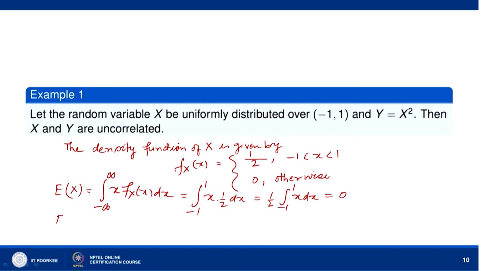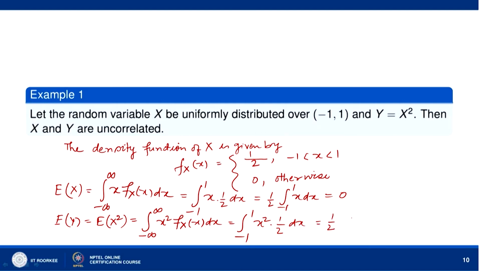Now, expected value of y is equal to expected value of x square. Okay. So, expected value of x square means integral over minus infinity to infinity x square f x of x dx, which will be equal to integral over minus 1 to 1 x square into 1 by 2 dx, which is equal to 1 by 2 into, x square is an even function of x, so 2 times integral 0 to 1 x square dx.